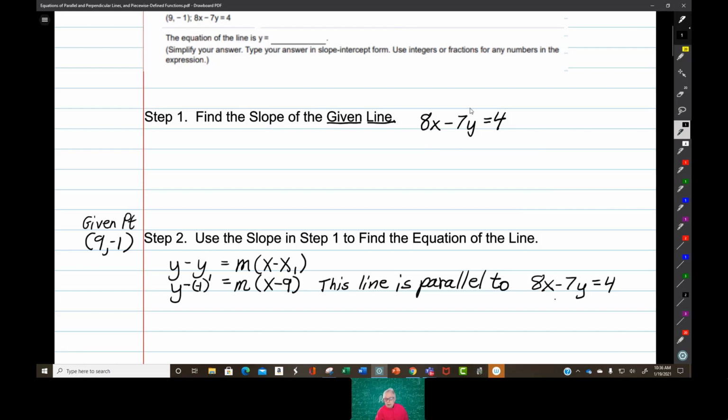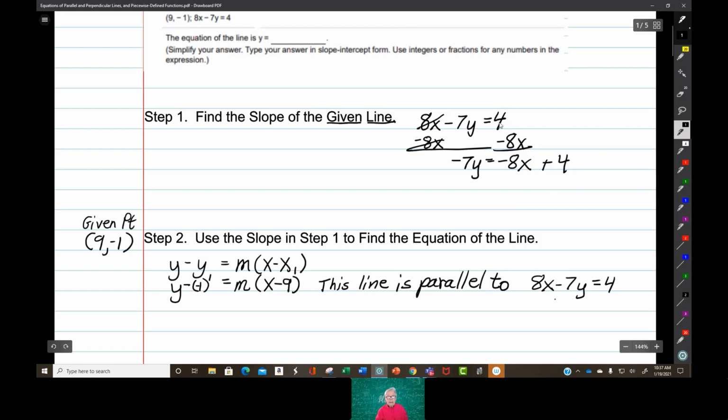I might as well do it here. I'm going to subtract 8x from both sides of this equation. 8x minus 8x is 0. So we're left with negative 7y. And because I'm working with a straight line, I'm going to write negative 8x plus 4.